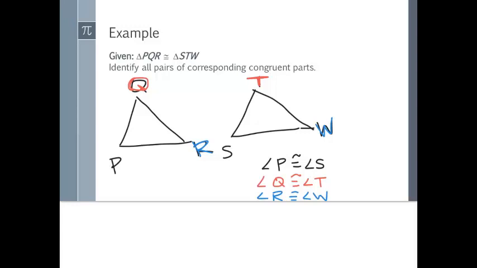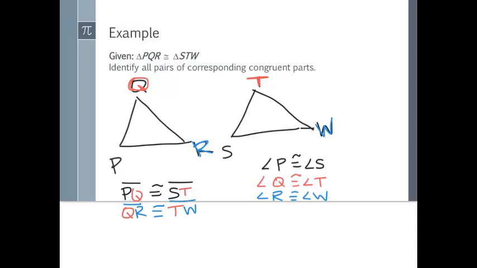Now when we want to identify the sides, we want to make sure that we're listing the vertices in corresponding order. So side PQ is congruent to ST. And if I call it side QR, it's congruent to TW.